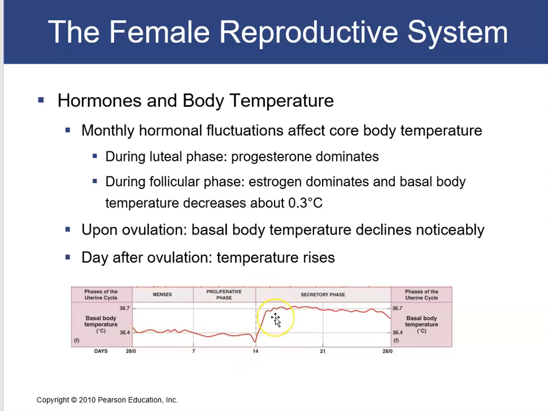The day your temperature goes up, you know you ovulated within the last 24 hours, and this would be the time when you are most likely to get pregnant. You can also figure out when your period is going to start. If you wake up in the morning, take your temperature, and it has dropped, you can be sure that if it hasn't started already, it will start before the end of the day.